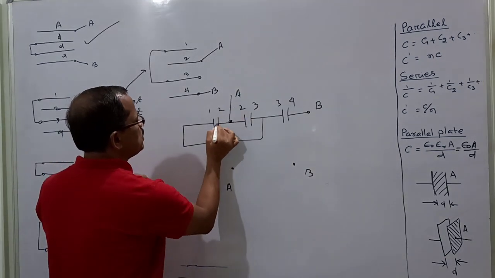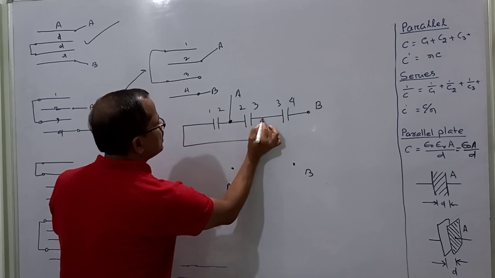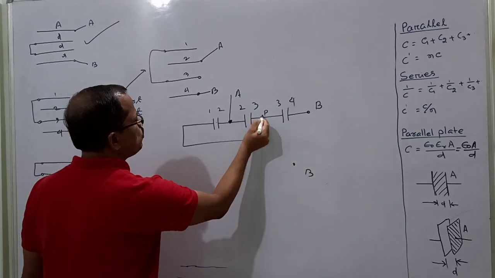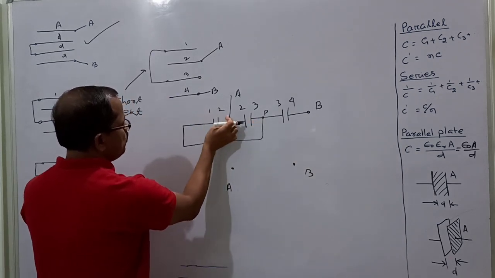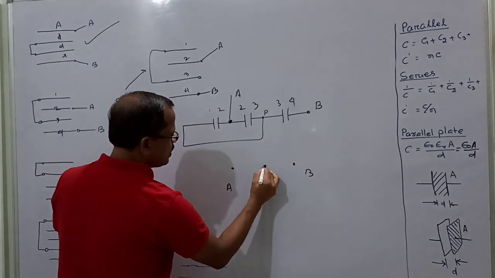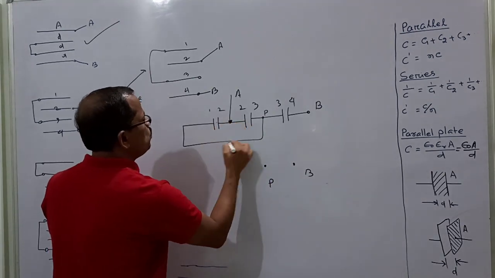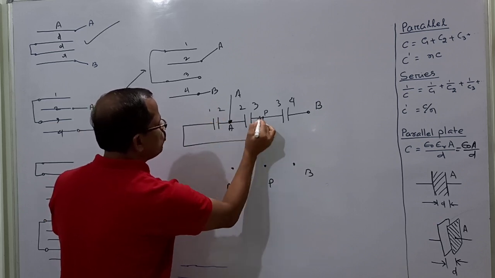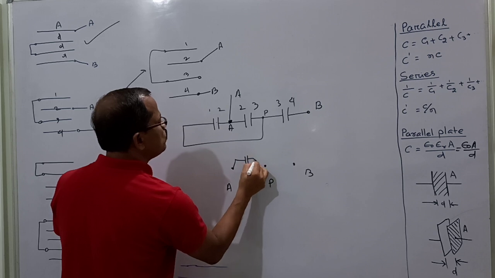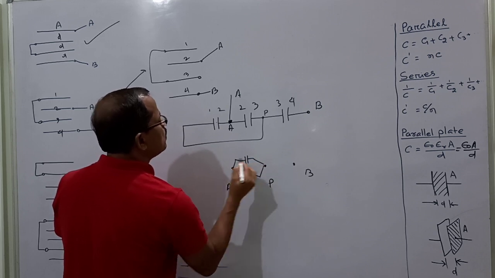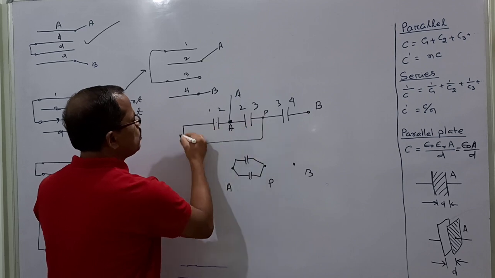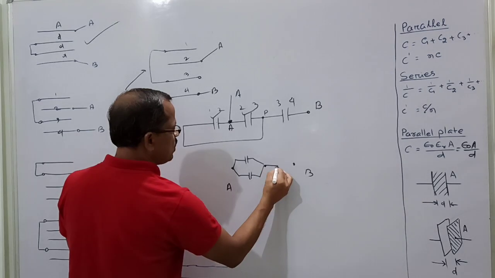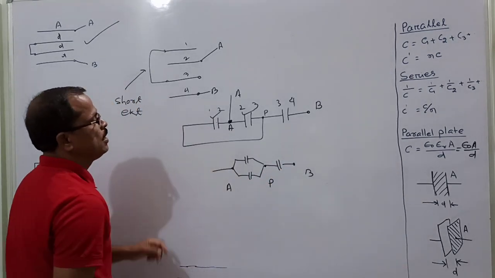Now this capacitor is connected from A. Let this point be P. So this capacitor goes from A and comes to P. So in between let us take a point P. This is point A, this is point P. So from A to P there are 2 capacitors, this one and this one. Again from P to B there is 1 capacitor, this one. Now the arrangement is over.